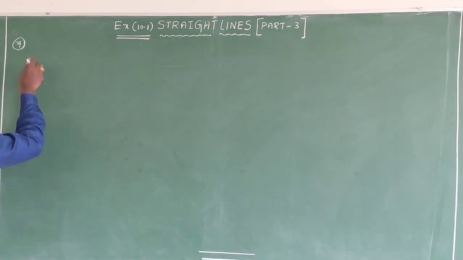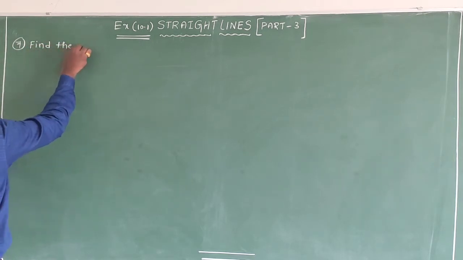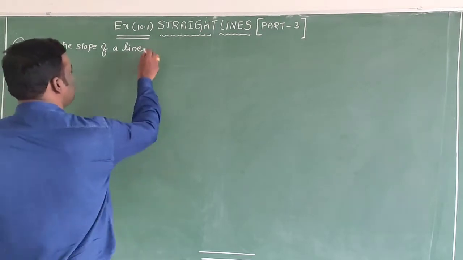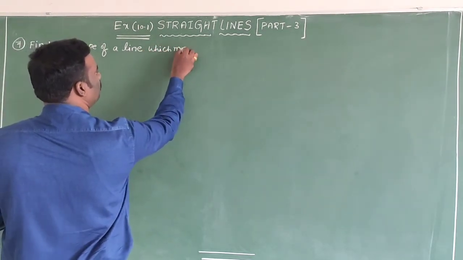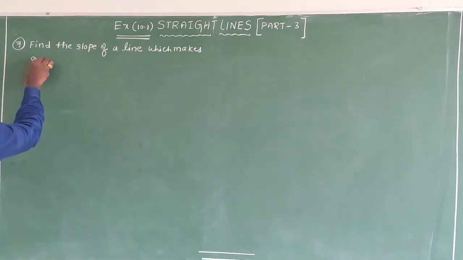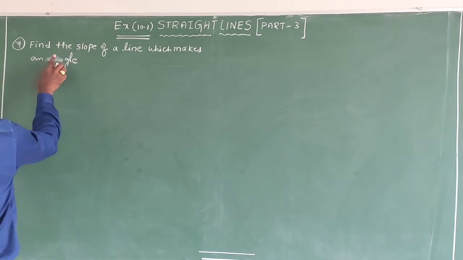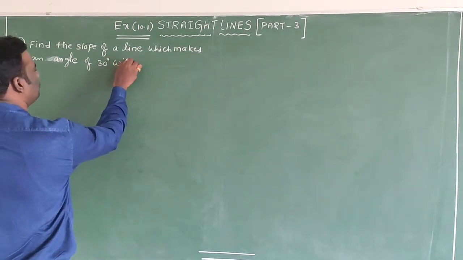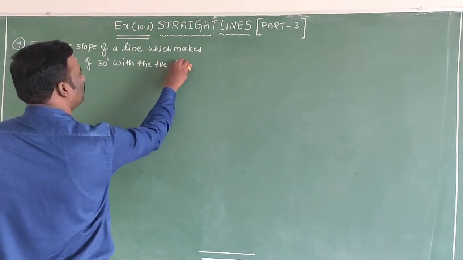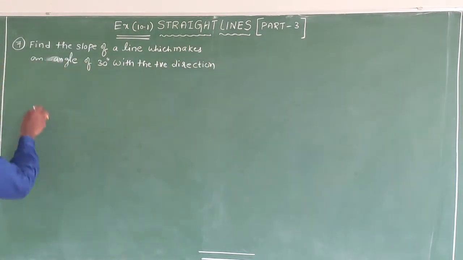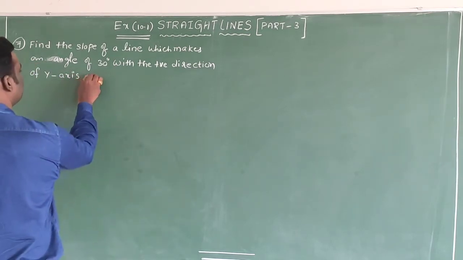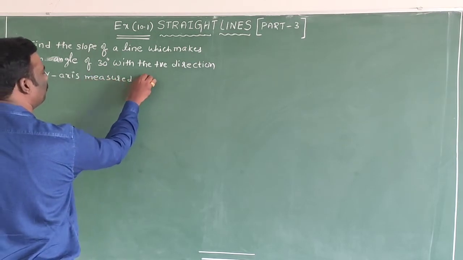Seventh question, find the slope of a line which makes an angle of 30 degrees with the positive direction of y axis, measured anti-clockwise.